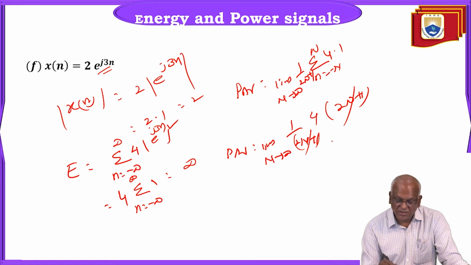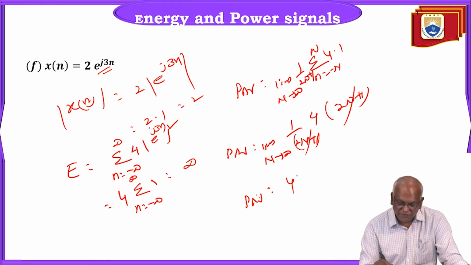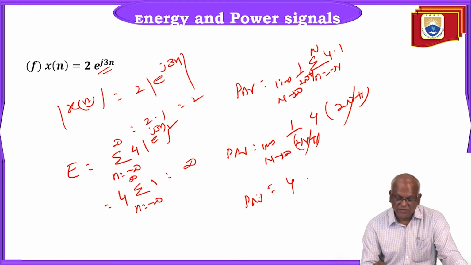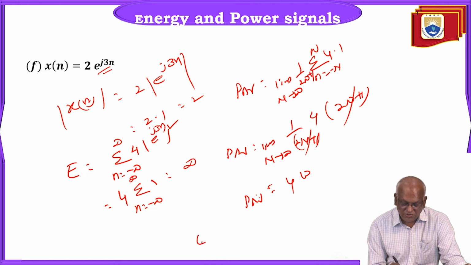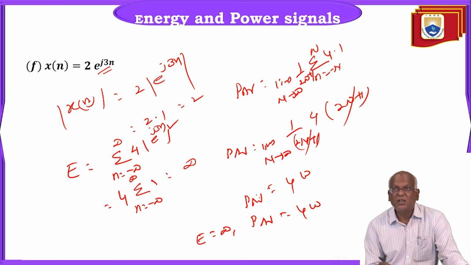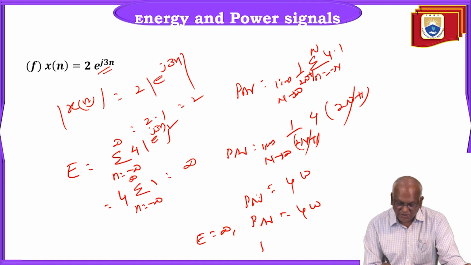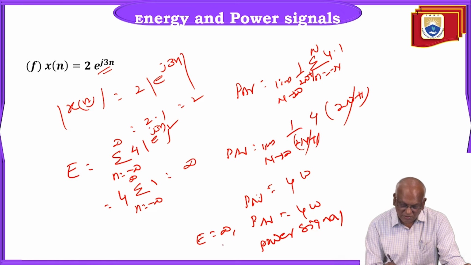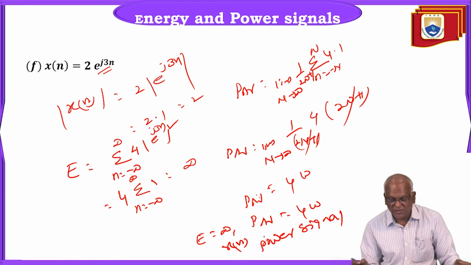This 2n plus 1 will be cancelled and you get the value 4. P average is equal to 4 watts. Now see, E is equal to infinity and the average power value is equal to 4 watts. So the given signal x of n is a power signal.